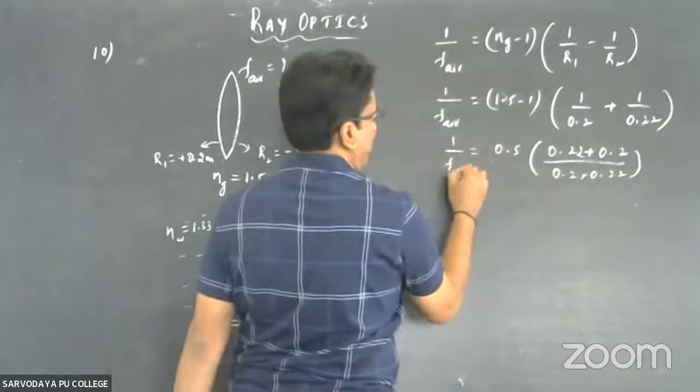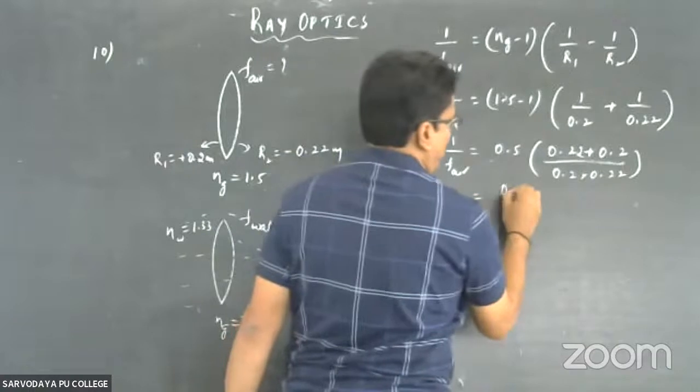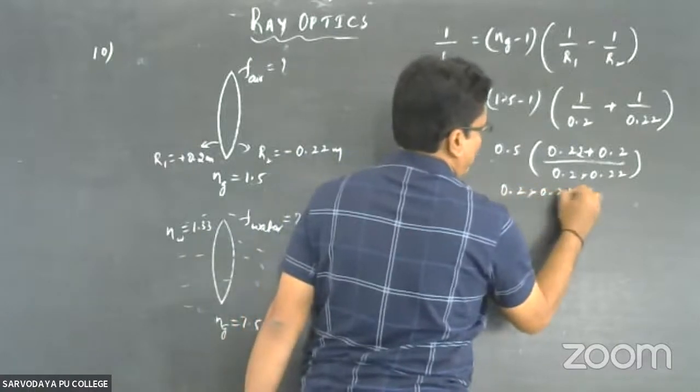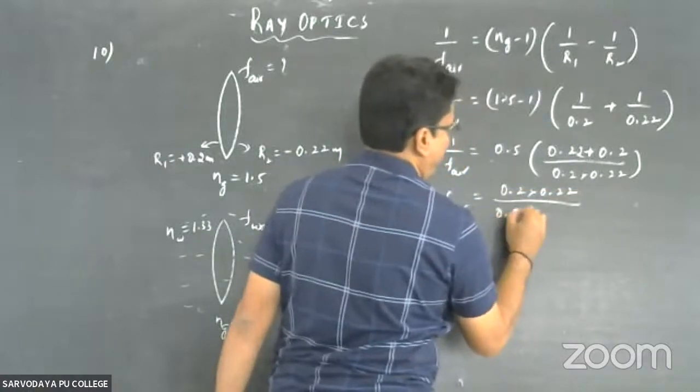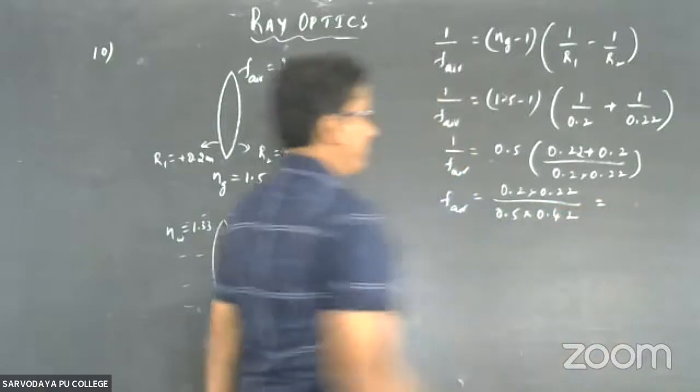This is 1 over F. Therefore, F in air becomes equal to 0.2 into 0.22 divided by 0.5 into 0.42. We have to simplify this one.